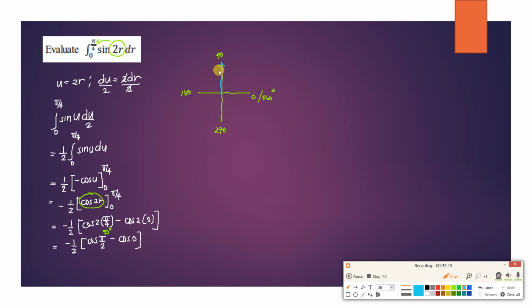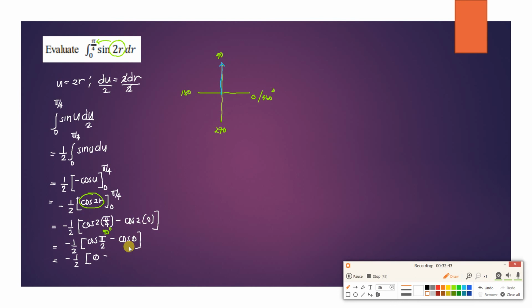Pero pag patayo, 90 and 270, wala. Therefore, cosine of 90 degrees is 0. Negative 1/2. Madali namang imaginein yung Cartesian coordinate. Minus cosine 0 degrees. Ayan, si 0 pahiga.